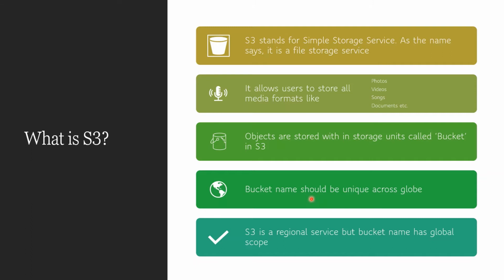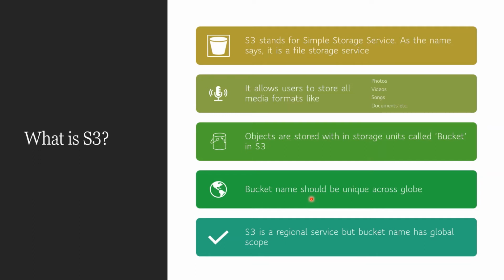Even though S3 takes a regional scope, when I say regional scope, for example, if you want to store a media file or storage information in a regional location like Mumbai or London, the files will be stored in a data center in that particular location.